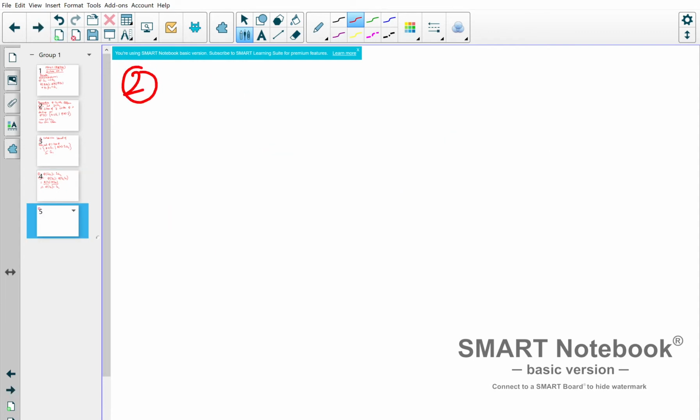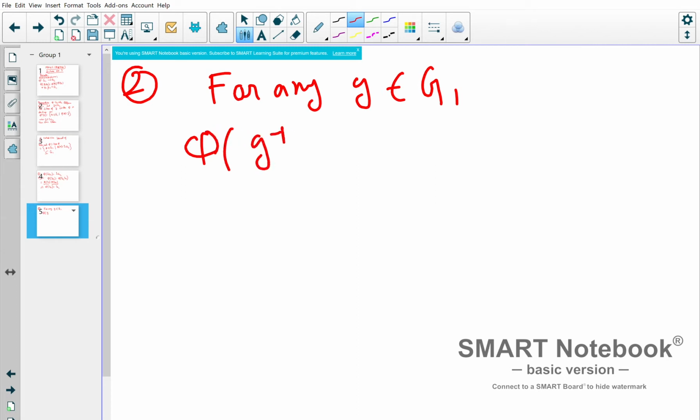These are simple properties, and you can say further. For example, for any g belonging to G1, phi of g inverse is nothing but phi of g whole inverse. These properties are also simple. You just use the homomorphism property, so I think you can do this as a homework problem.